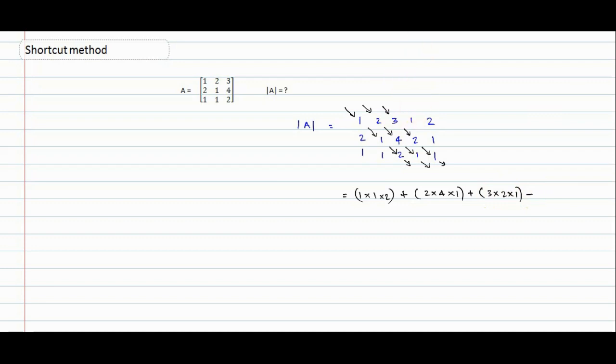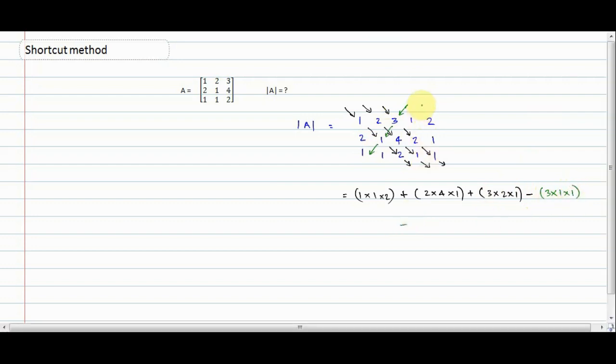just consider the off diagonals. Off diagonals are these diagonals. This is the first off diagonal, 3, 1, 1. So minus 3 into 1 into 1. Minus the second off diagonal is this one, 1, 4, 1.